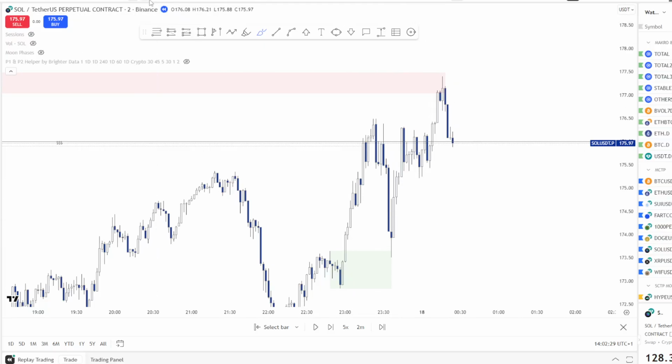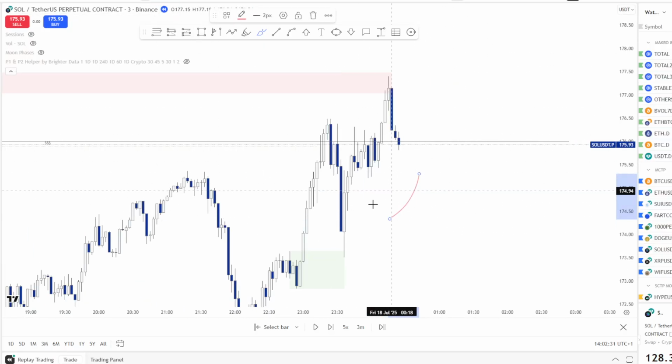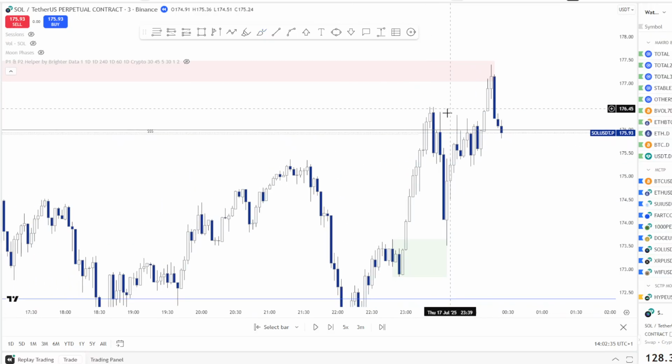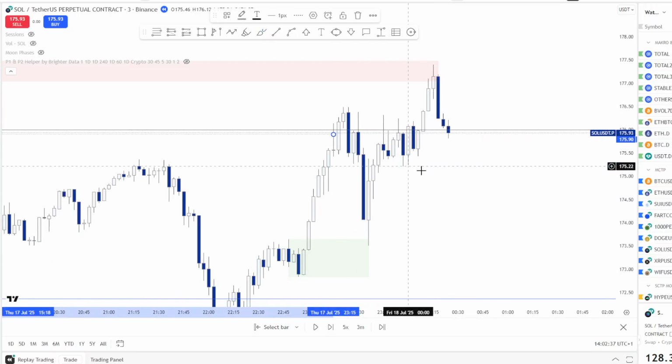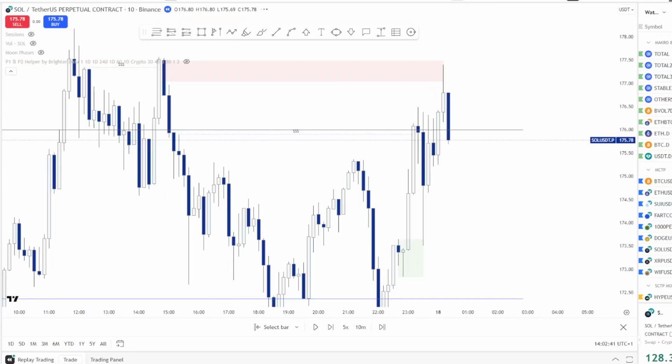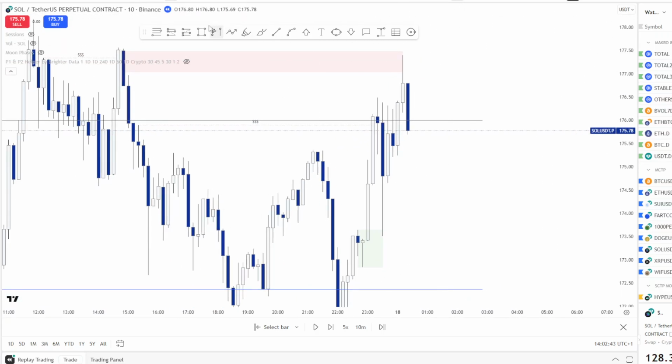This move can be seen as a manipulational move. We have a nice topping formation here and a 10-minute OBIF.